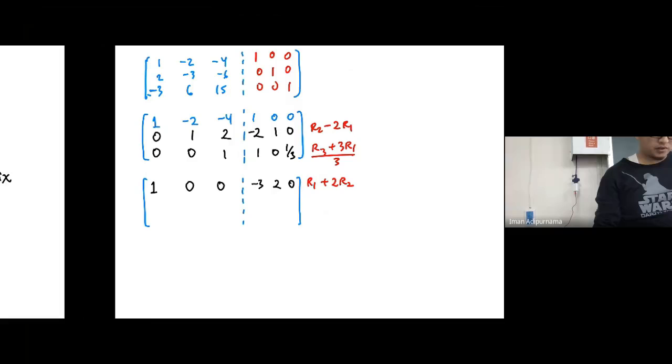The other one is 2 and 1 is 0. Maybe R2 minus R3. So 0 minus 0, 0. 1, 2 minus 2R3. 2 minus 2 becomes 0. Negative 2 minus 2 is negative 4.